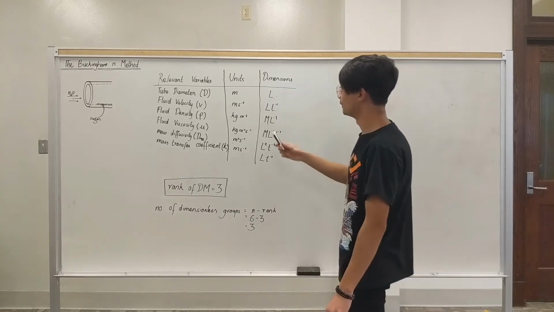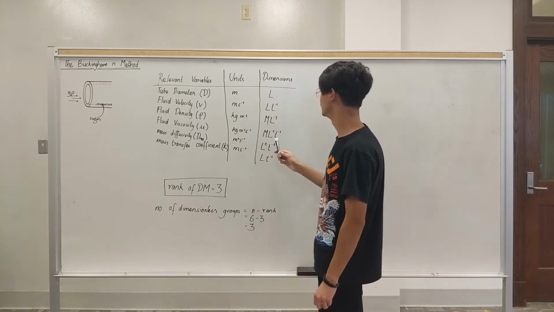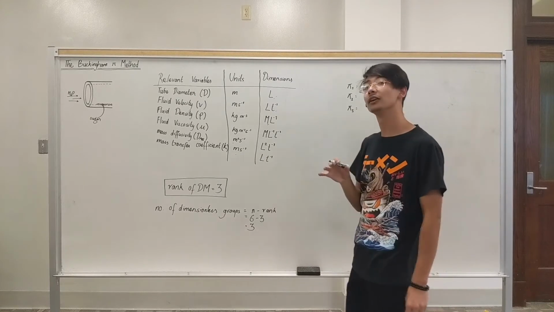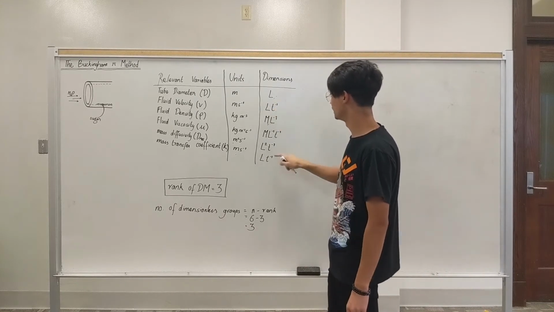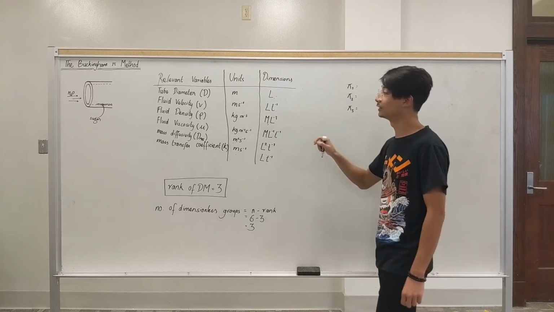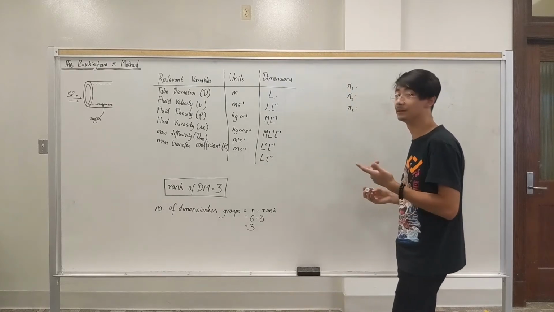So for example, if I select diameter, fluid velocity, and mass transfer coefficient, that cannot be a core group because you see, we have length, time, length, time, but in all three, we don't have a single dimension of mass.